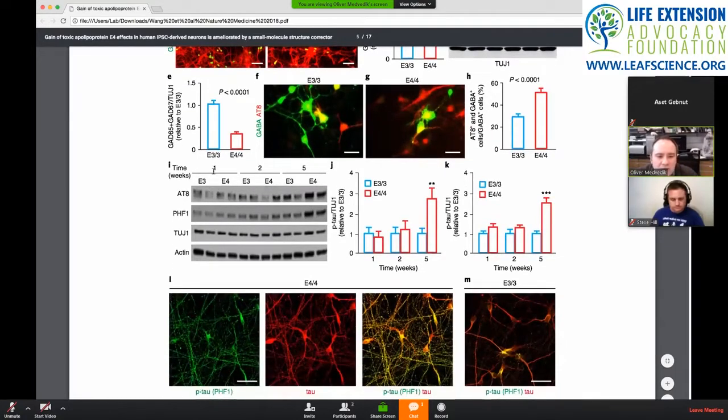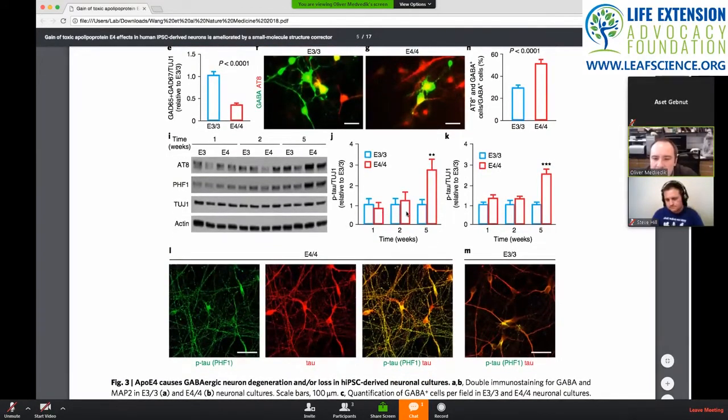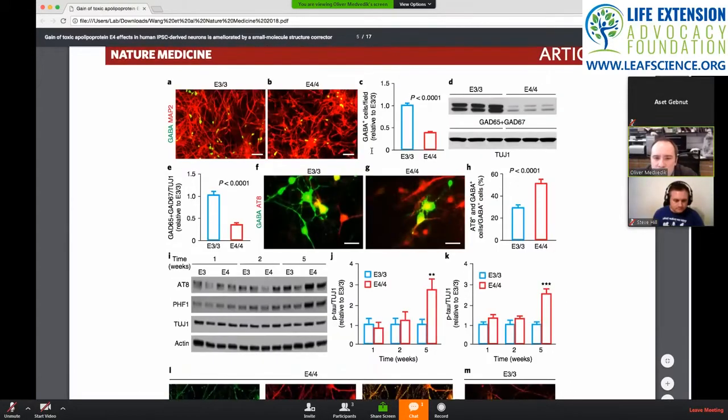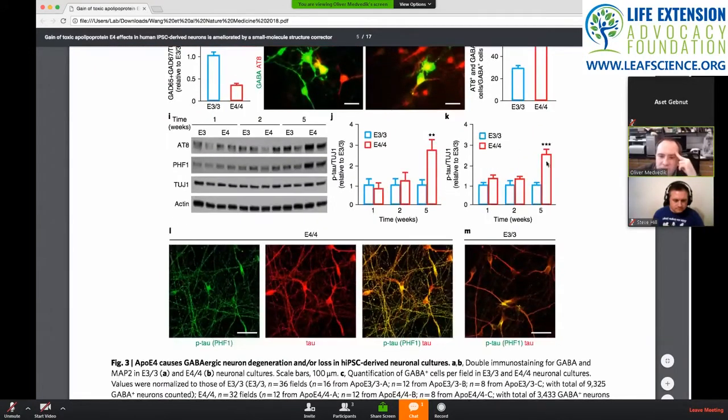And again, weeks 1 to 5, they basically look at these cells, and even though these legends on the y-axis are the same, they're actually using 2 different antibodies to look at 2 different phosphovariants of tau, and those go up over time, right? So basically, fewer cells emerge that are GABAergic, and also phospho-tau goes up.